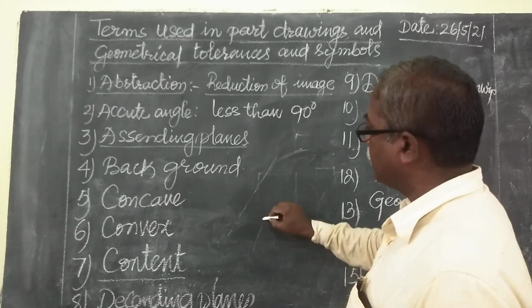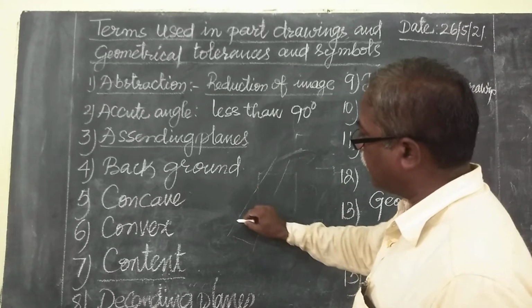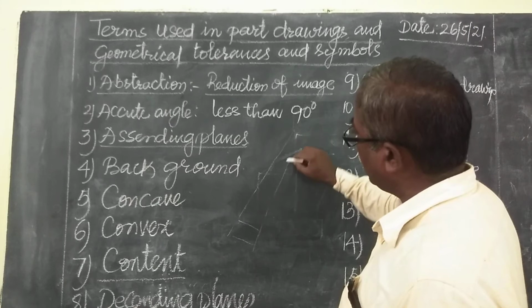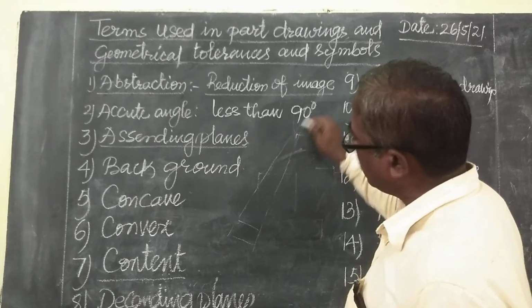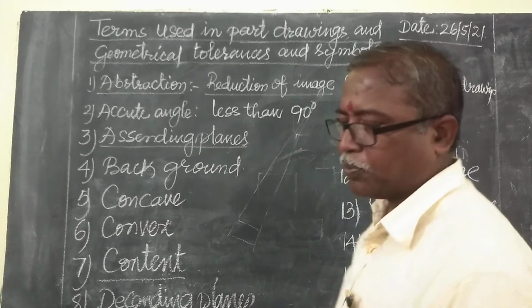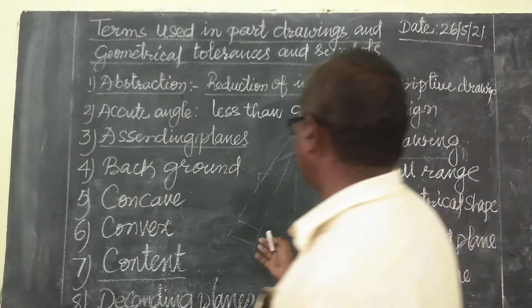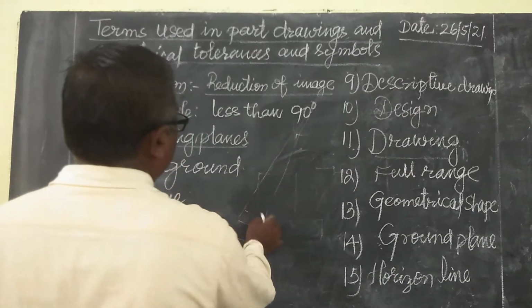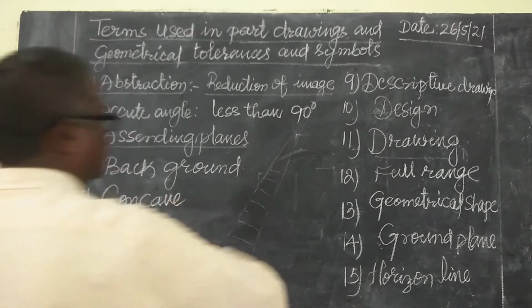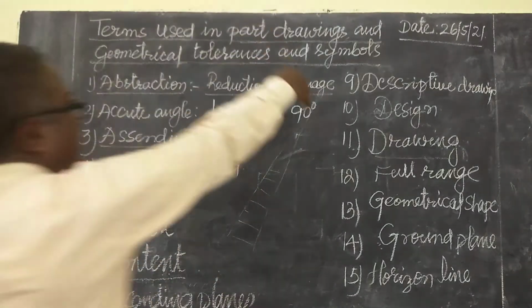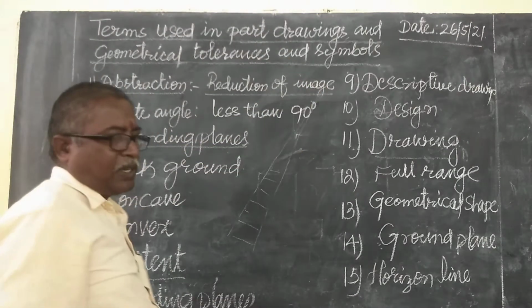When you see the track going continuously nearer, at a particular point, it will disappear.